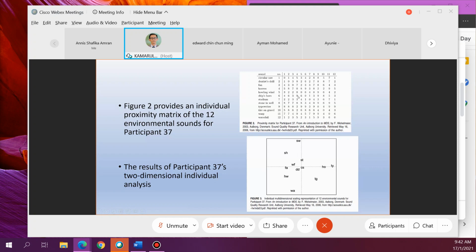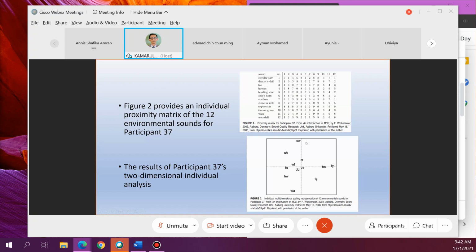Stadium and ship's horn are similar, right? Ship's horn and number 4, 1, 2, 3, 4. Ship's horn and hooves are very, very different. And then what about this one? Number 9, 1, 2, 3, 4, 5, 6, 7, 8, 9. Waterfall and typewriter is also very different.